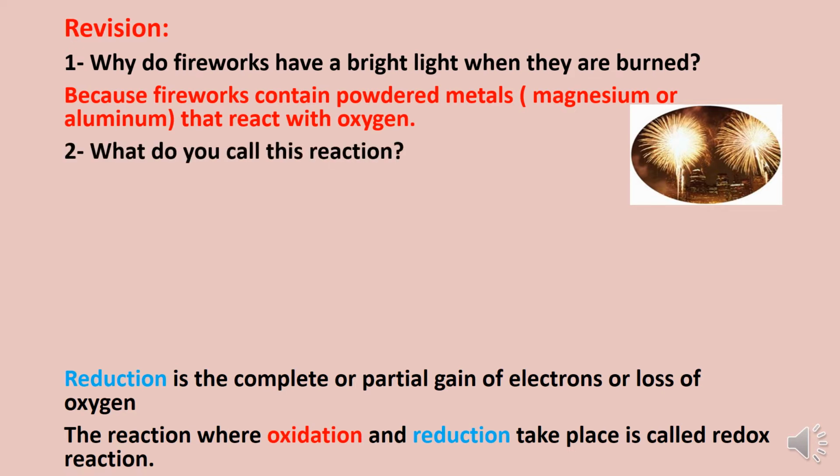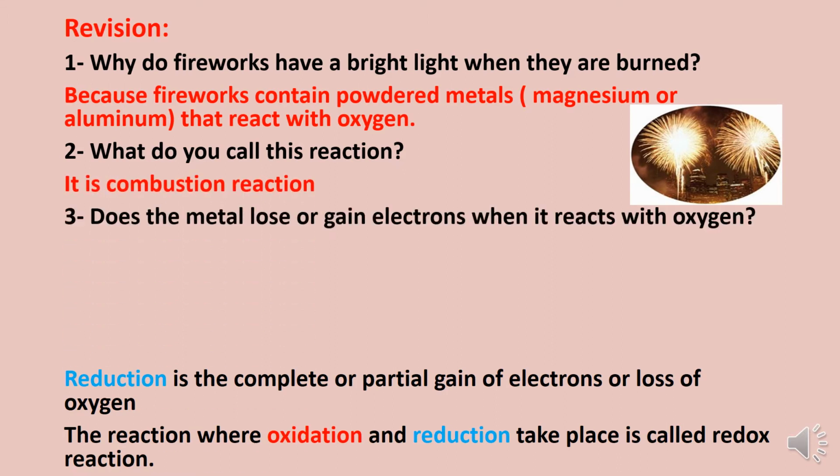The second question, what do you call this reaction? It is combustion reaction. The third one, does the metal lose or gain electrons when it reacts with oxygen? The answer is it loses electrons.